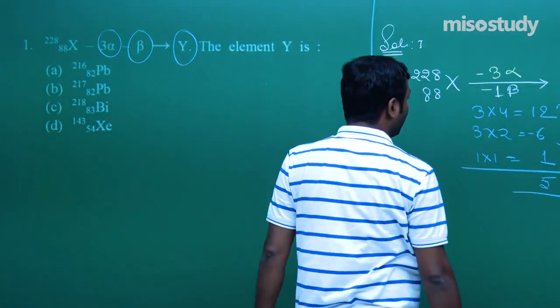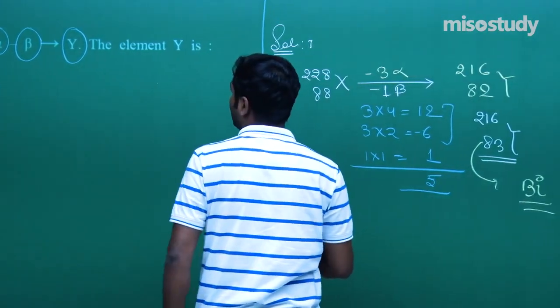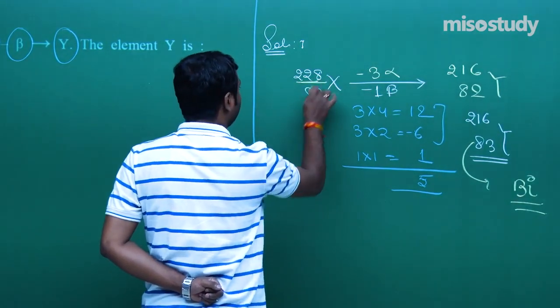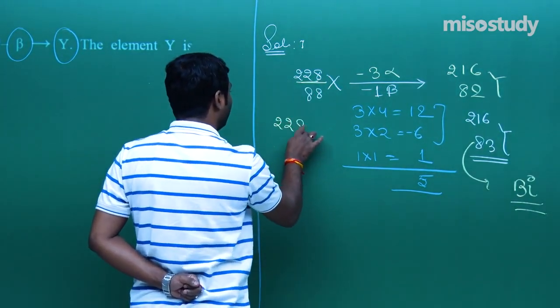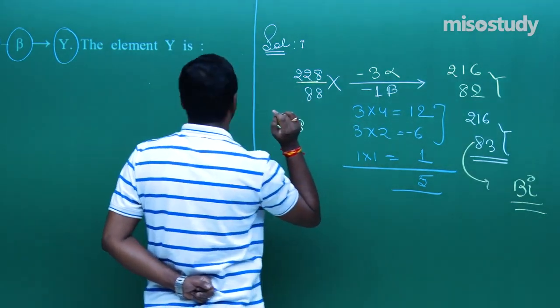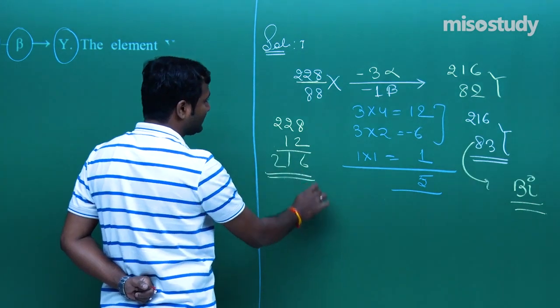But one more thing I have to mention here. Check the mass number: 228 minus 4 times 3, that is 12, gives 216.